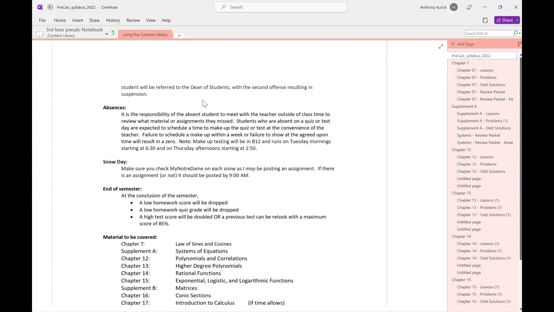So we got seats. We got Delta Math set up. We got OneNote set up. I think we're good to start then, right?